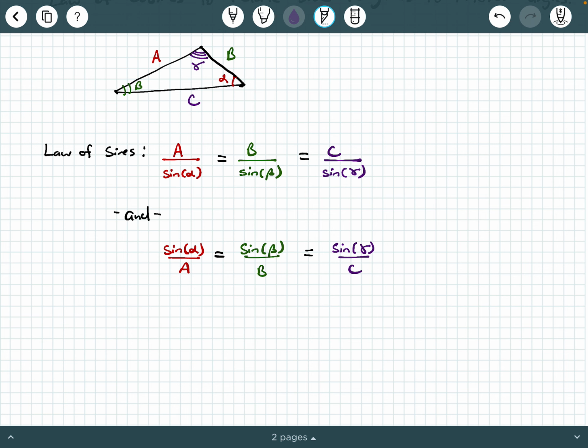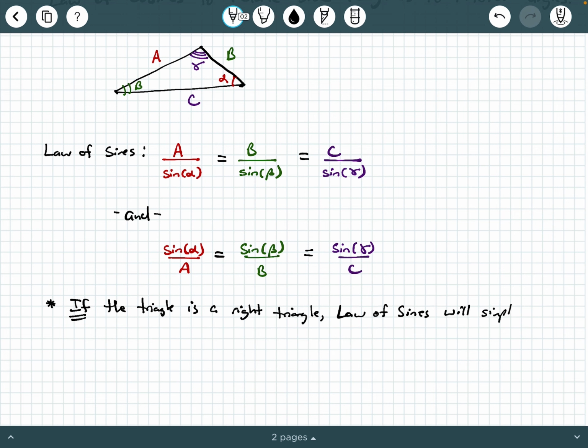Now, here's what's really cool about law of sines, okay? If the triangle is a right triangle, law of sines will simplify to the basic ratio definition of sine.